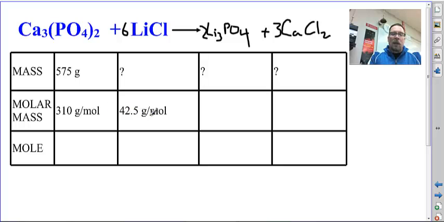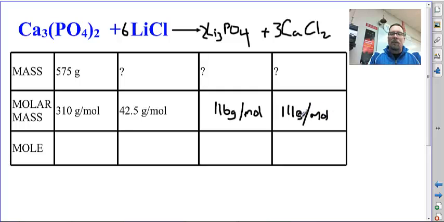Lithium chloride, 1 lithium and 1 chlorine, is 42.5. 3 lithiums, a phosphate, and 4 oxygen will add up to 116 grams per mole. And the calcium chloride, 1 calcium and 2 chlorines, will add up to 111 grams per mole.